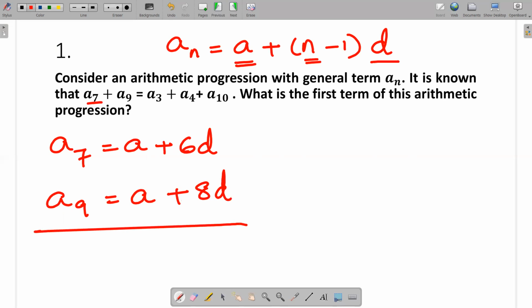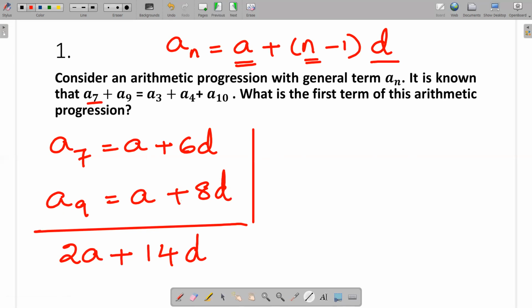Now, the sum of the 7th term and the 9th term, A7 plus A9, is equal to 2A plus 6D plus 8D, that is equal to 2A plus 14D. Now we are ready with the left-hand side of this given equation.